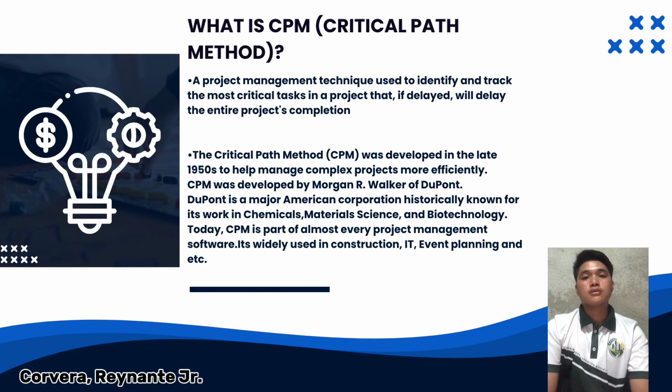DuPont is a major American corporation historically known for its work in chemicals, material science, and biotechnology. In 1958 to 1959, CPM was first tested on DuPont plant shutdowns. It helped to reduce project time and cost.